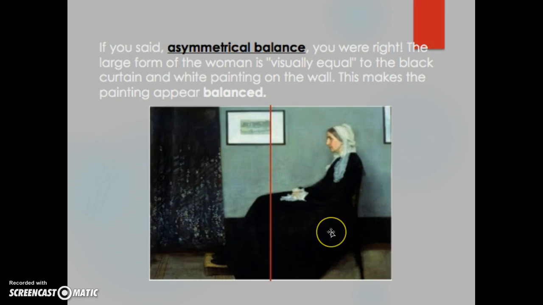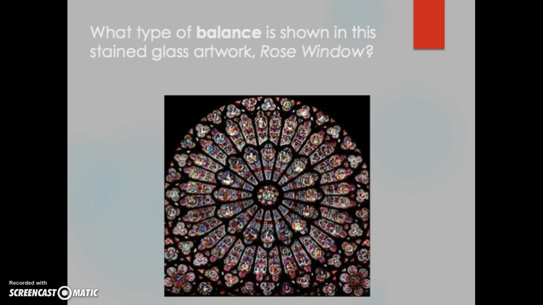If I would flip the right half over onto the left half, they would not line up. But they are visually balanced because there are big black shapes both on the left and on the right, and they sort of balance each other out. They are asymmetrically balanced, okay?